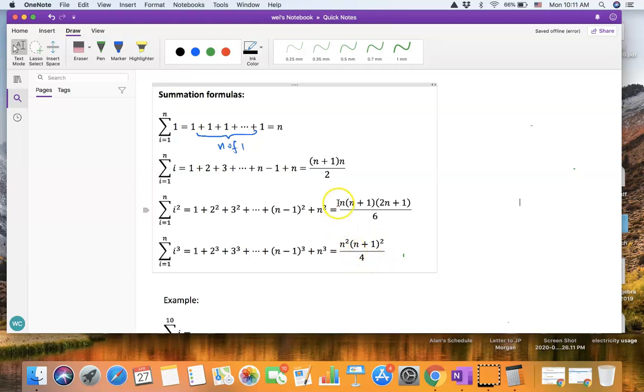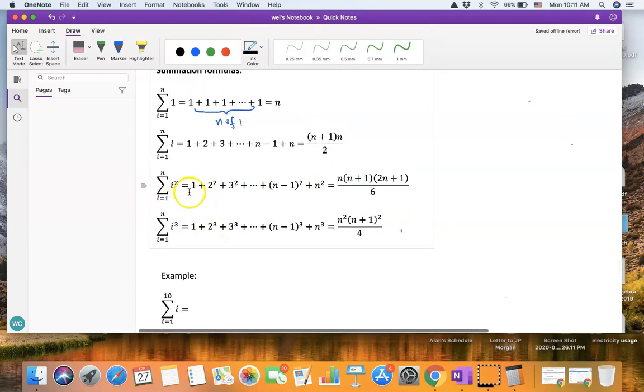Now remember, when we use these formulas, we want to check if the index starts at 1. If it does not start at 1, after we figure out the result using this formula, we have to subtract the value of the terms we missed.